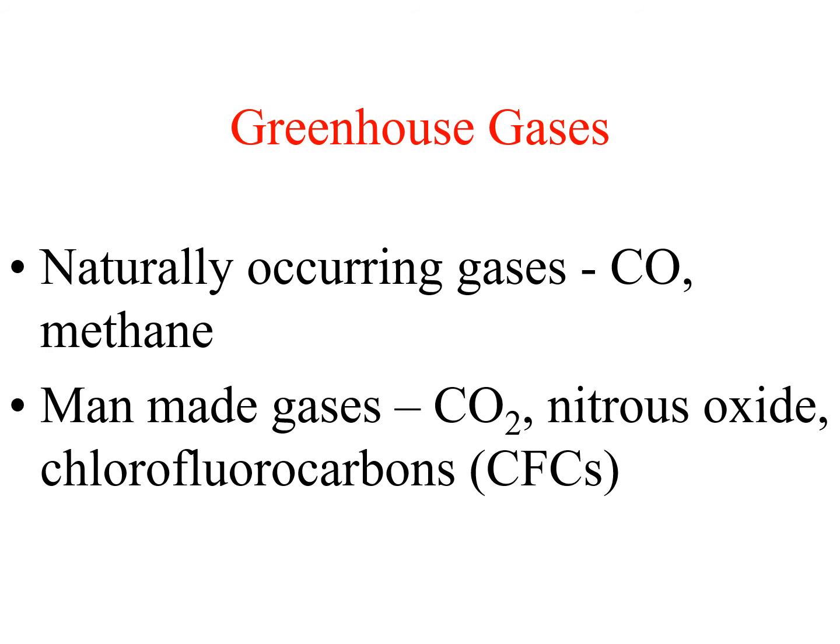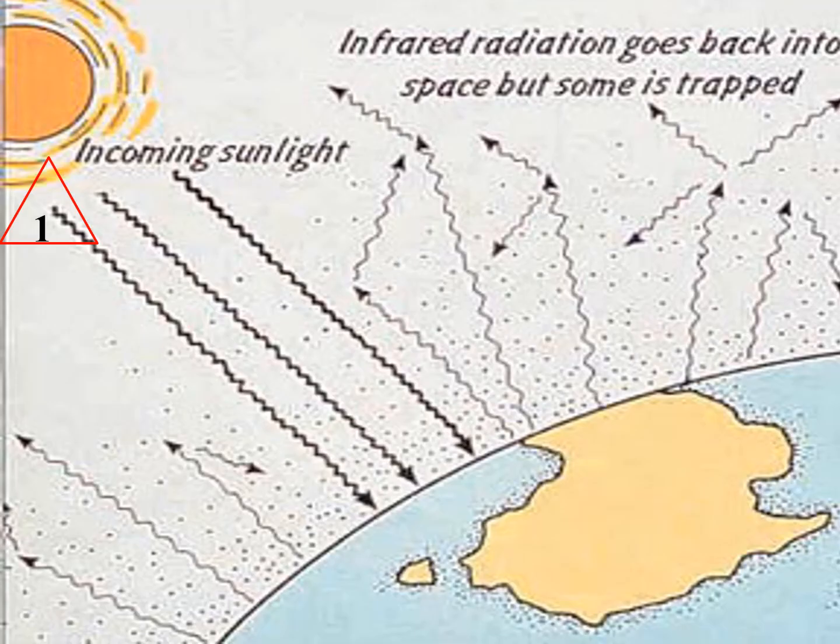Greenhouse gases. Naturally occurring gases: CO2 and methane. Man-made gases: CO2, nitrous oxide, chlorofluorocarbons. This scheme shows that incoming sunlight is absorbed and released.